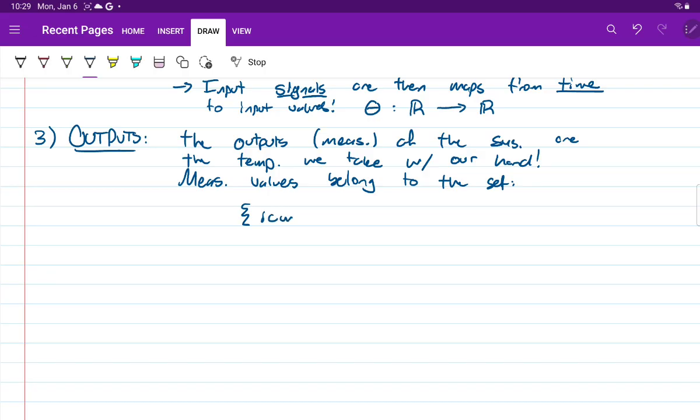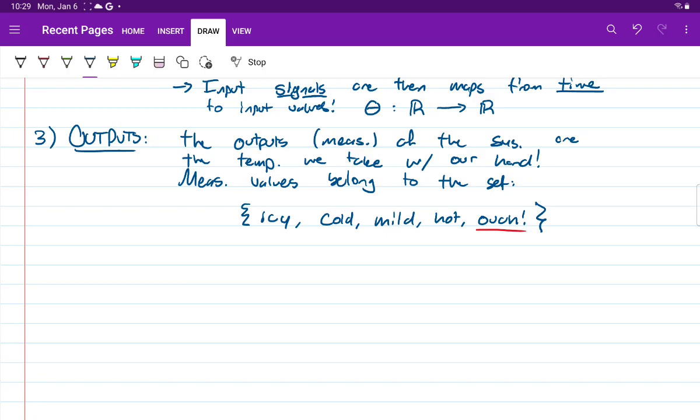Maybe let's say icy, cold, mild, hot, and ouch. Let me underline that in red because it's super hot. All right. So these are the different measurement values that my hand can feel when I put it into the water, right?